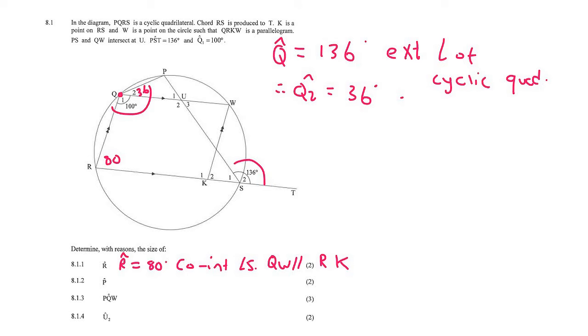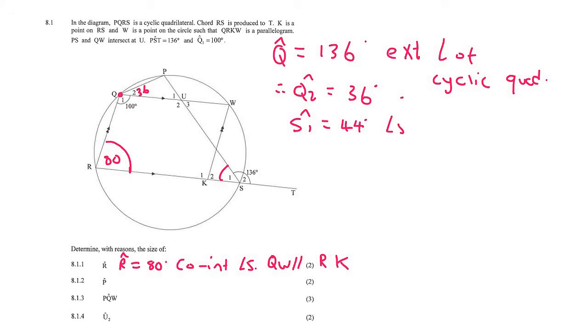Or we can just think of that whole thing as 136. Now, in this cyclic quad, we know that in any quadrilateral the angles should always add up to 360. So we could easily work out this one, and that'll give us access to P. If you see a better way than that, then that is fantastic, but I couldn't see it. But first we need to find S1. So we can say that S1 is going to be equal to 44 degrees.